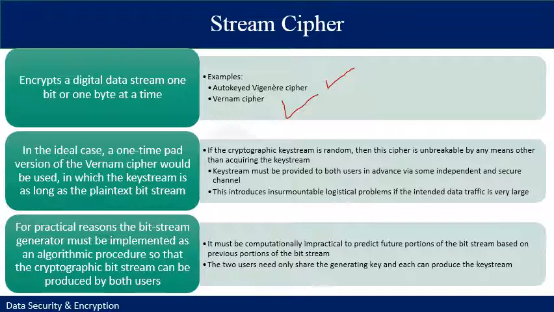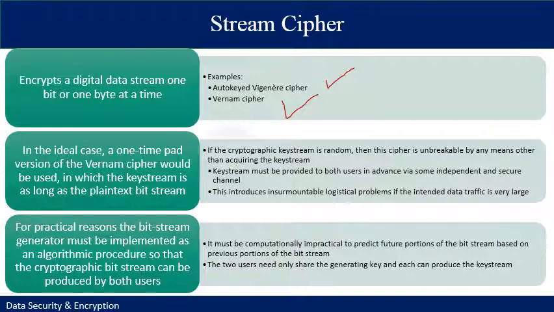Similarly, if you recall the second one, the Vernam cipher, in that cipher we used an exclusive OR operation to combine the plain text with a cryptographic stream of bits, and the result was a ciphertext. So a stream cipher can also be used in the ideal case, a one-time pad version of the Vernam cipher, in which the key stream is as long as the plain text bit stream.